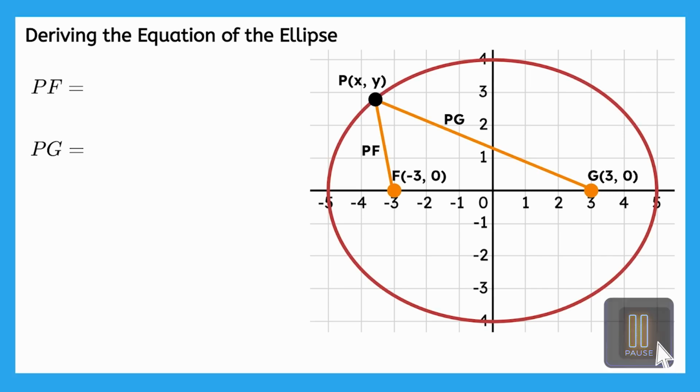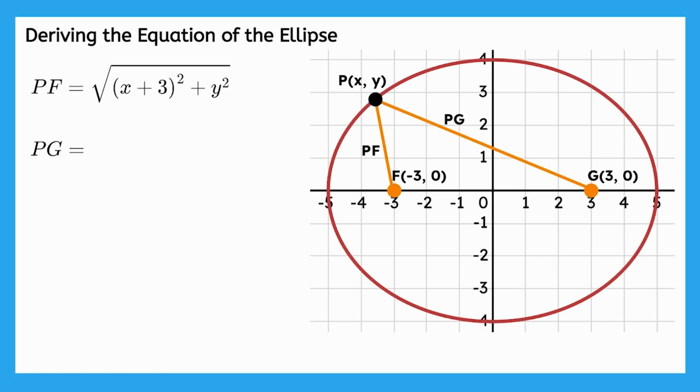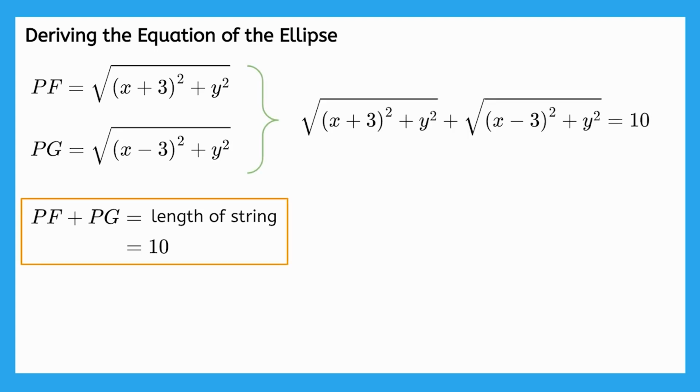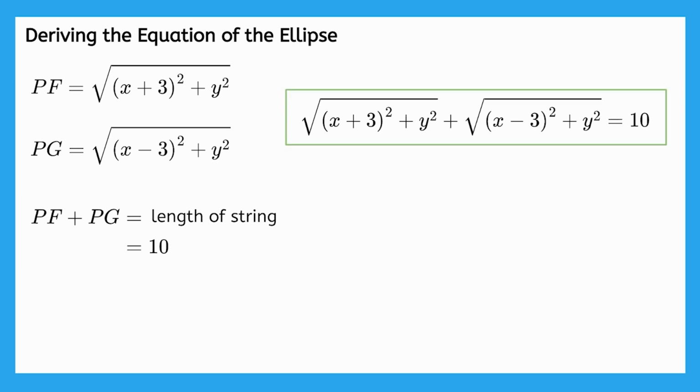PF simplifies to the square root of (x plus 3) squared plus y squared. Similarly, PG equals the square root of (x minus 3) squared plus y squared. Since these two distances always add up to 10 for this ellipse, making the sum of these expressions equal to 10 results in an equation that defines our ellipse. However, we usually write the equations of ellipses in a more compact form, which we call standard form.